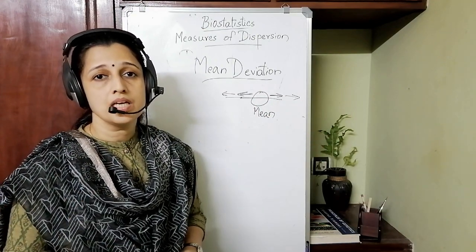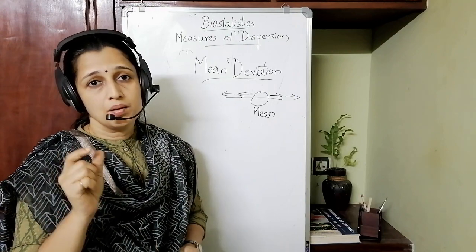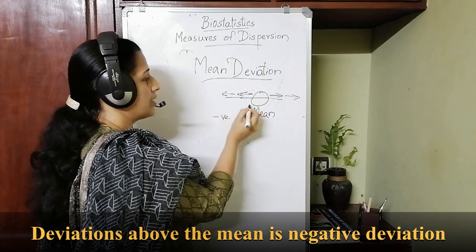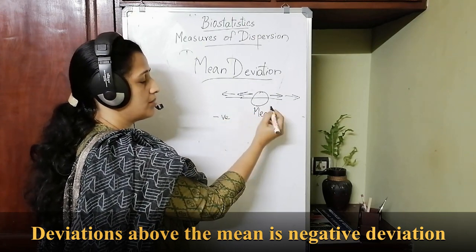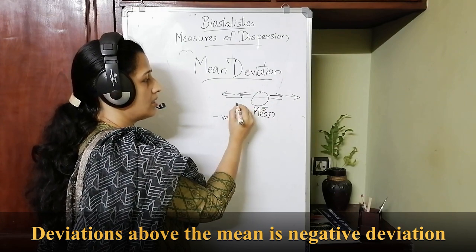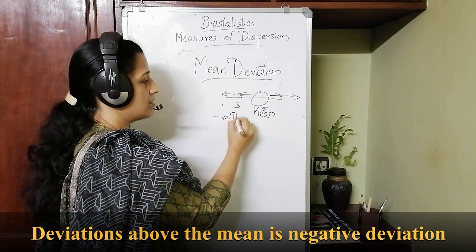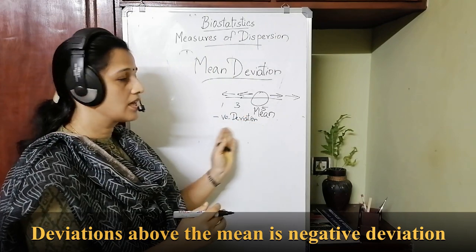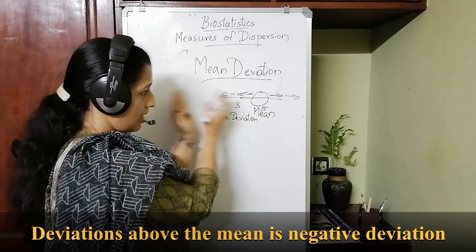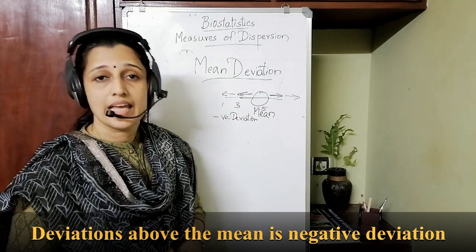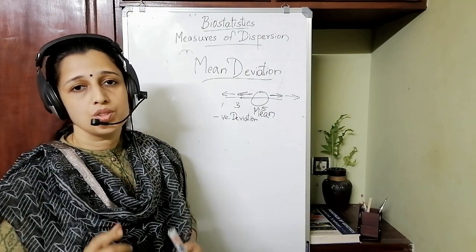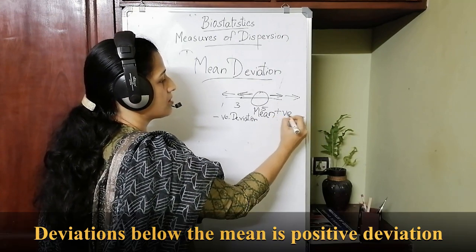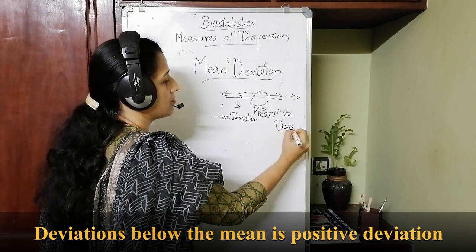For example, if the mean is 5 and the values are 3, 1 and so on, the values which are in front of the mean are called negative deviation, and those which are below the mean, on this side, are positive deviation.